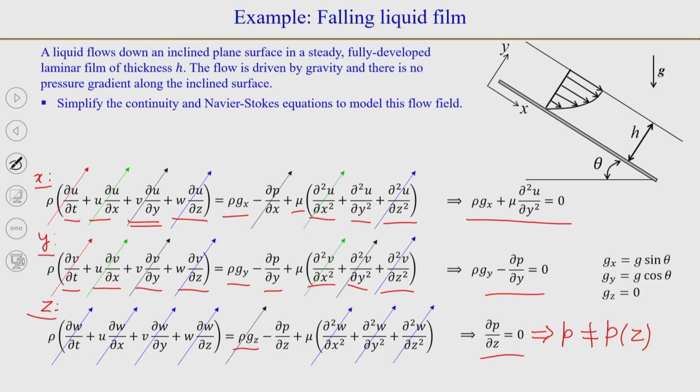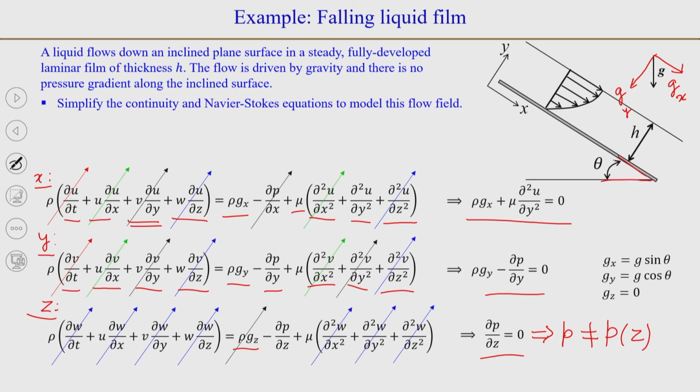Now, we can sort it out here that g will have components along the x and y directions. So, this will be the component of g along the y direction and this will be along the x direction. So, along the x direction we will have g x is equal to g sin theta. We know that the angle between the horizontal and the plate is equal to theta.